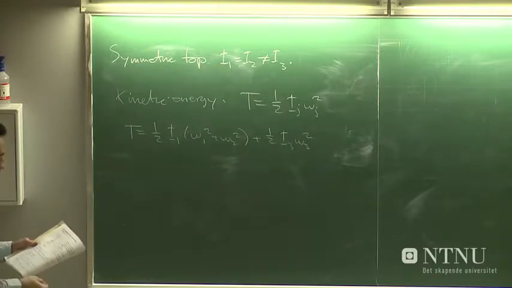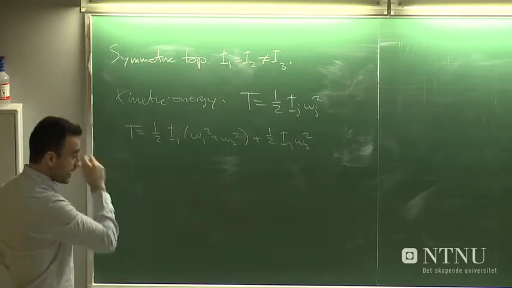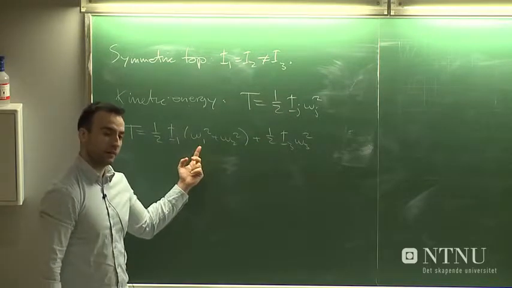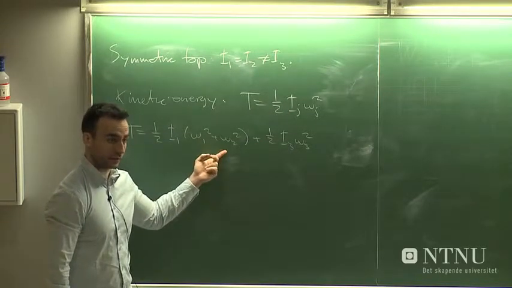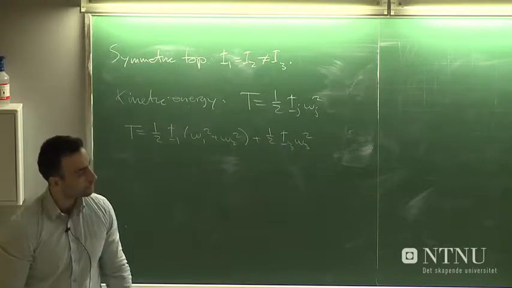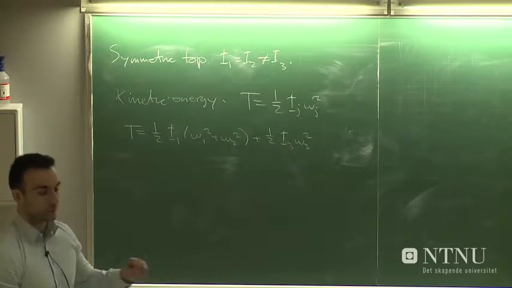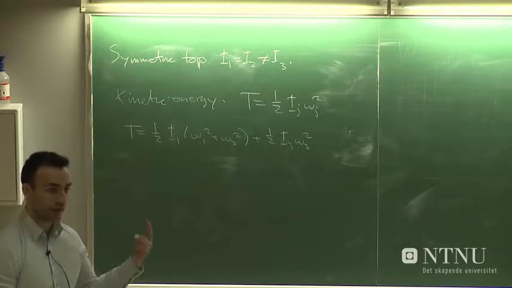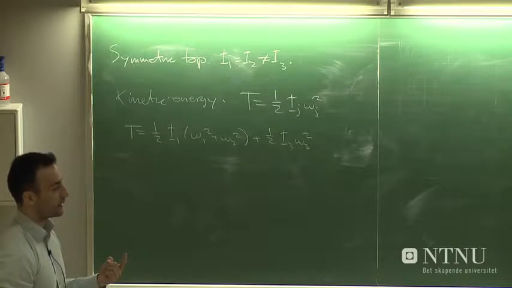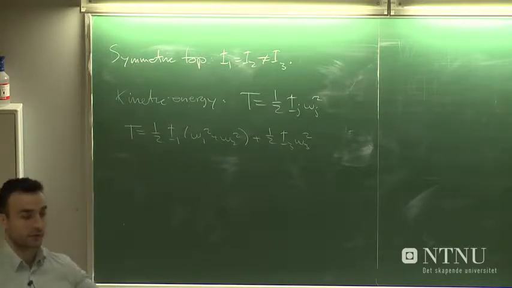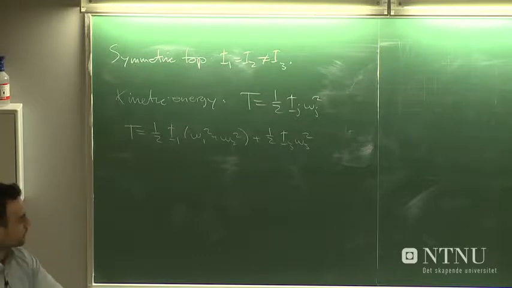So that's the kinetic energy. And we see that it depends on the moments of inertia, but it also depends on the angular velocity vector components. So having now introduced these three Euler angles, which describe the rotation of the body, the question is, how does the angular velocity vector relate to these angles?